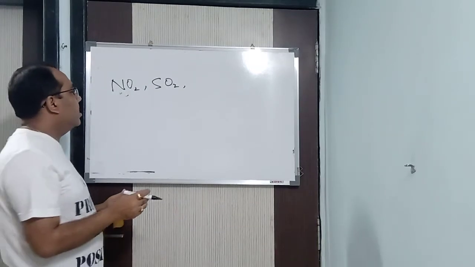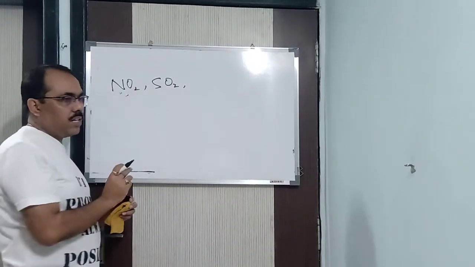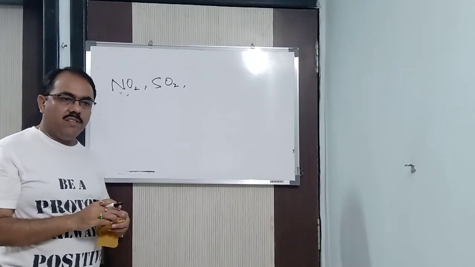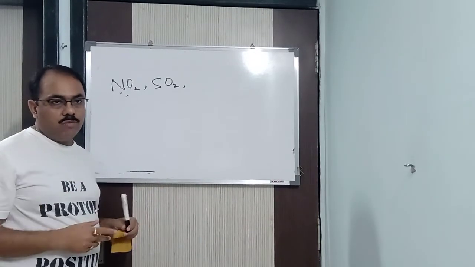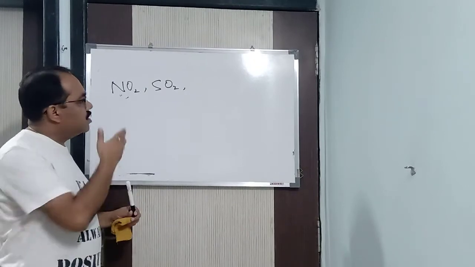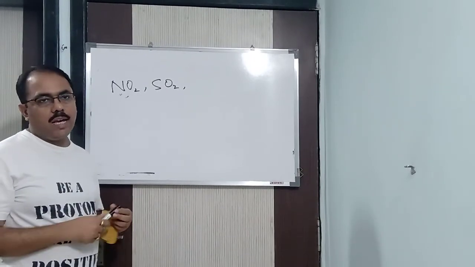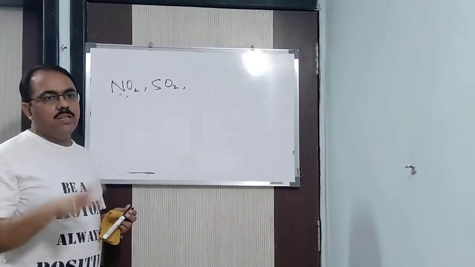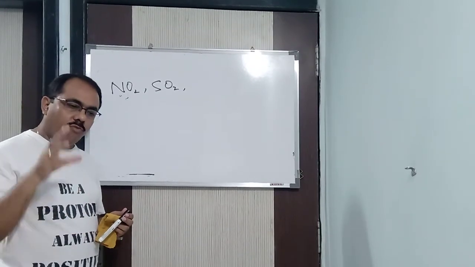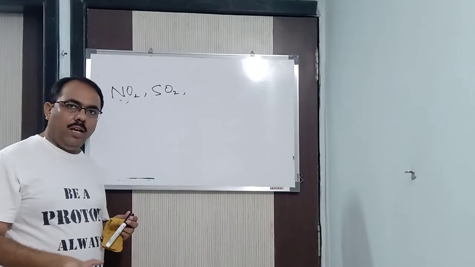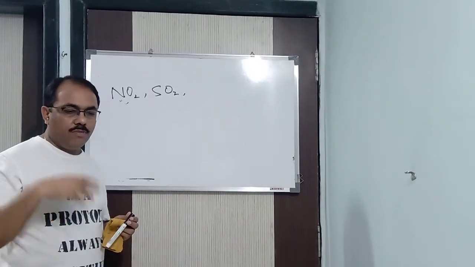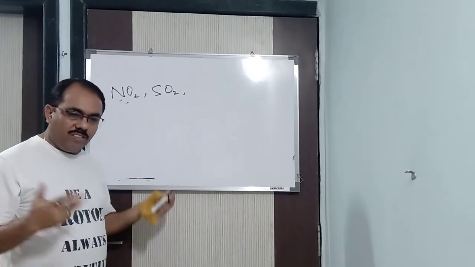Previously, when pollution was high, these gases were present. They react with the water present in the air to precipitate in the form of rain, fog, mist, or hoar, whatever it is.